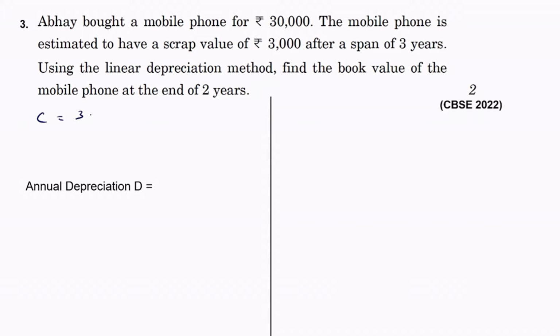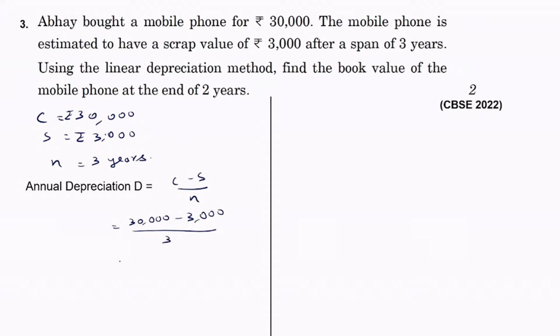The cost is rupees 30,000, scrap value is rupees 3,000, and useful life N is 3 years. So annual depreciation D is C minus S upon N. It is 30,000 minus 3,000 upon 3, which is 27,000 by 3. It is rupees 9,000.